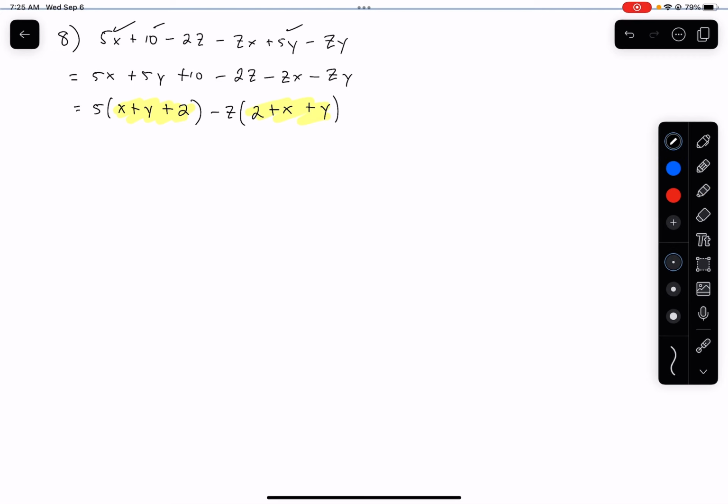So what I'm going to do is just factor it out as something that's common and write what's left, right? So I'm going to factor out the yellow piece, right? So I'm going to get x plus y plus 2, and when I remove it, I'm going to get 5 minus z is what's left, okay?